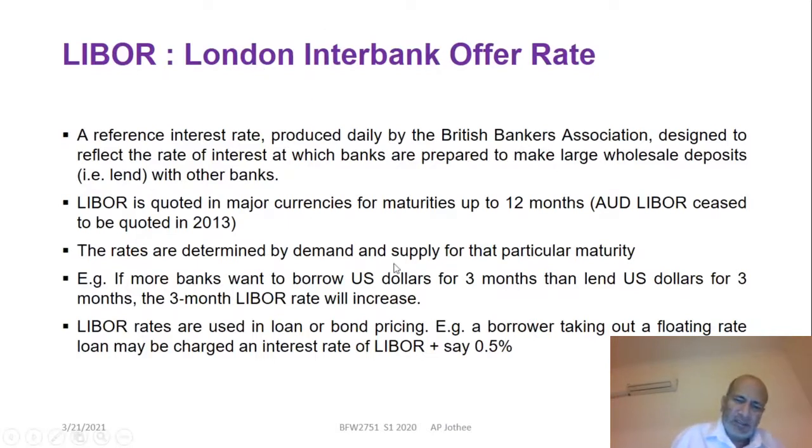We always call it the base lending rate: LIBOR plus maybe 0.5, which is fixed there. So LIBOR will vary once every 3 months. For 90 days, LIBOR will change, but the fixed rate won't change. That is the additional.